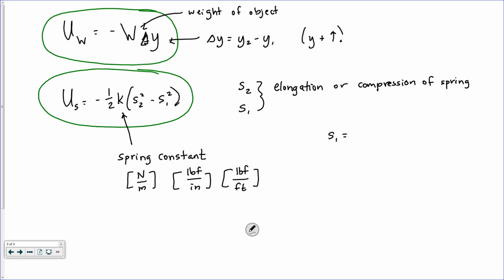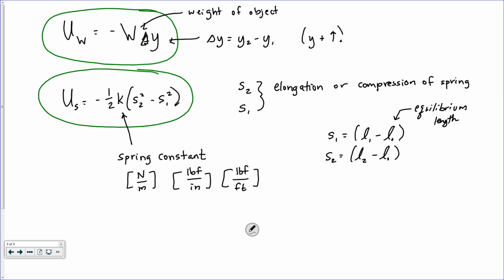S1 is always equal to the length of the spring at state 1 minus L naught, where L naught is your equilibrium length. Therefore, S2 is going to be equal to L2 minus L naught.